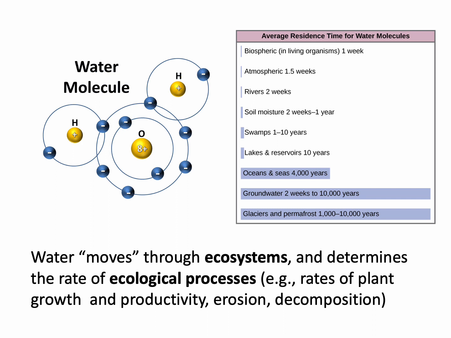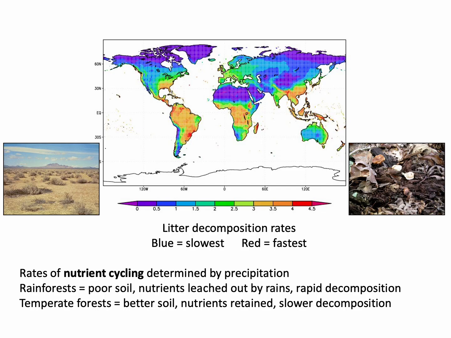So the difference between a desert and a rainforest is water, plain and simple, right? They're both hot, but they differ in their water, and yet are the two most different environments you could think of, right?